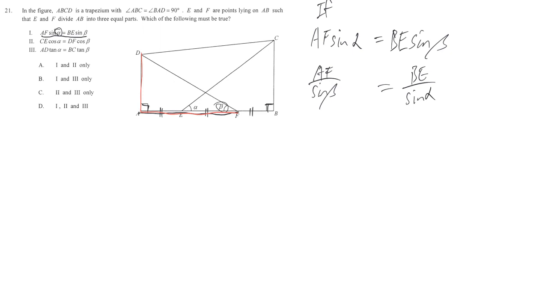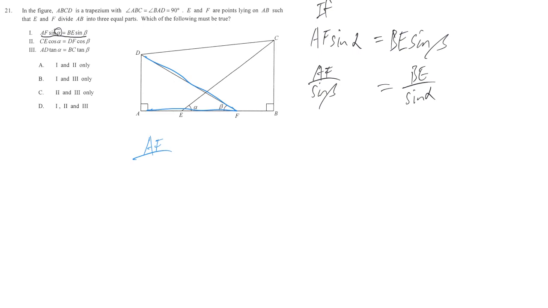For beta, we are comparing AF and beta. For BE, we are comparing BE with alpha. So then we can brainstorm what will happen next. If we consider AF and then we want to compare with sine beta, so of course we will compare with this line.